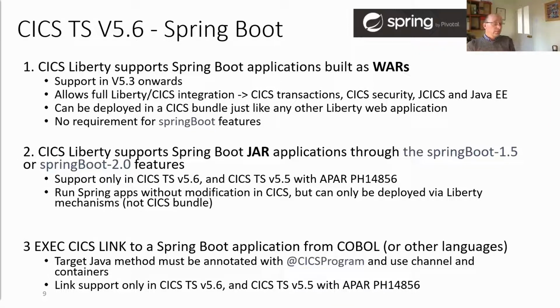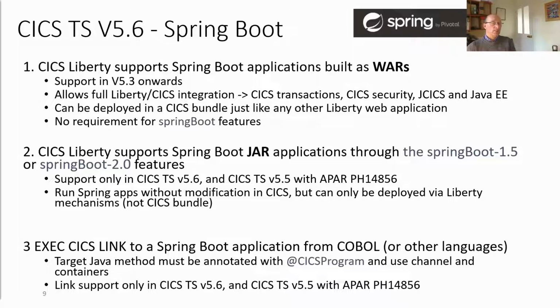The alternative is to use the link model. Of course, in CICS, we have our EXEC CICS LINK model, and you can use the link to Liberty to link to a Spring Boot application from your COBOL application or any other language. The target Java method must be annotated with the @CICSProgram annotation, which is part of the JCICS API, and it must use channels and containers.